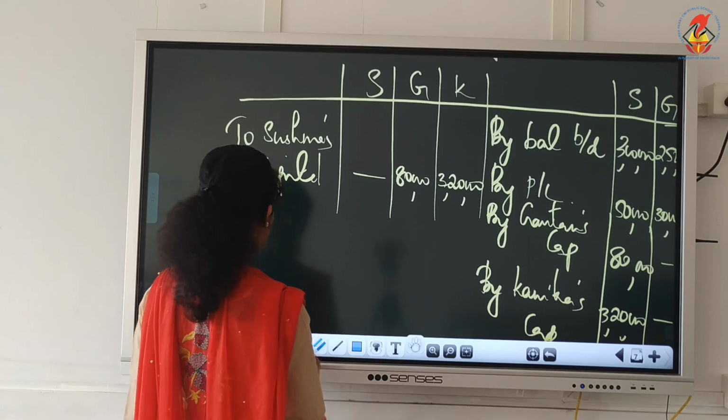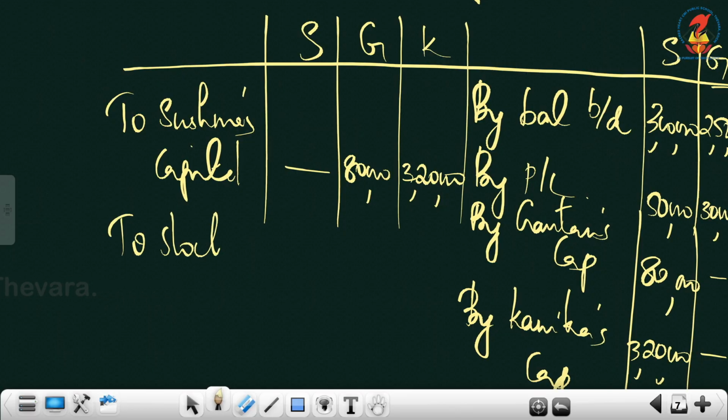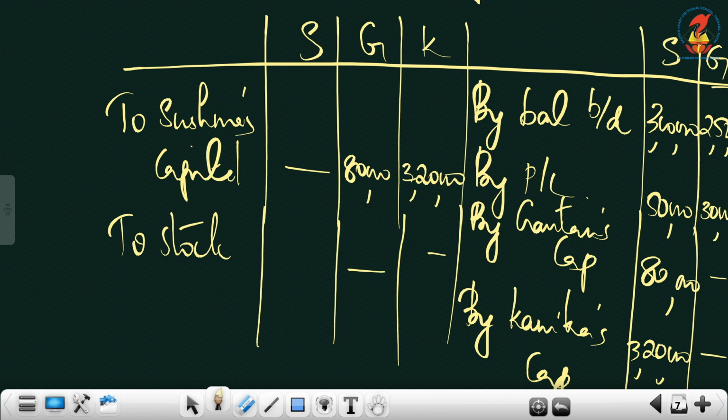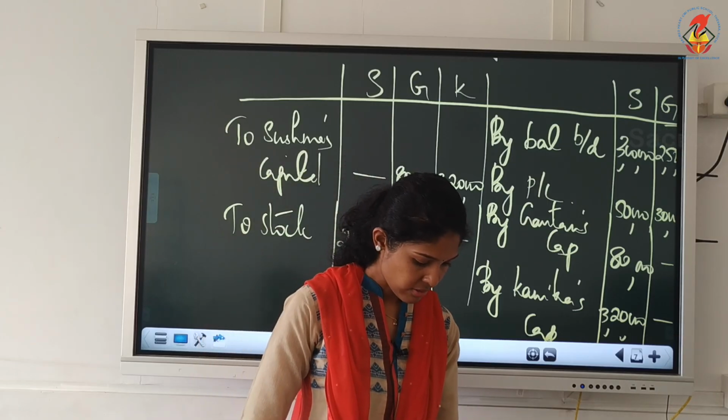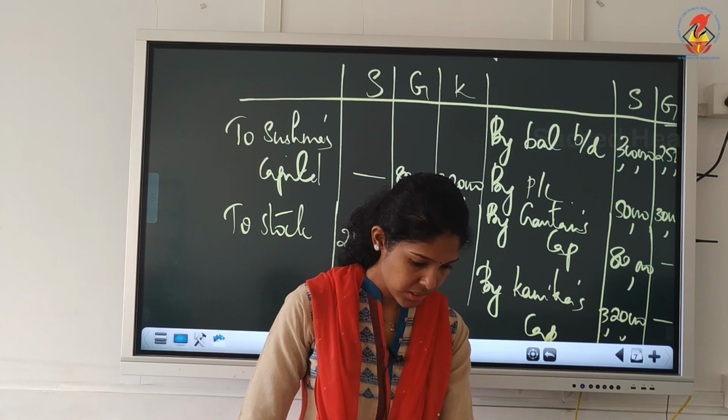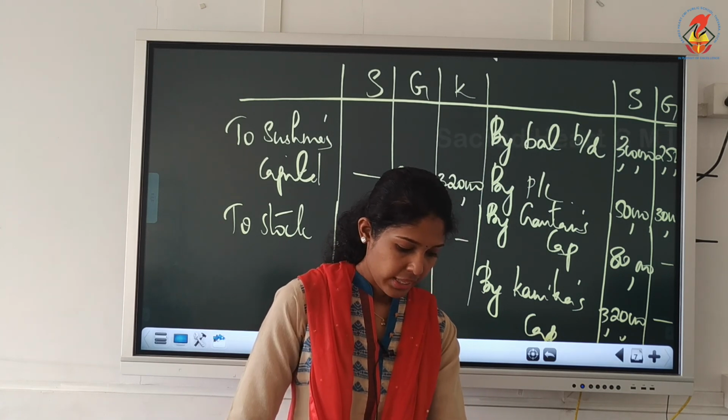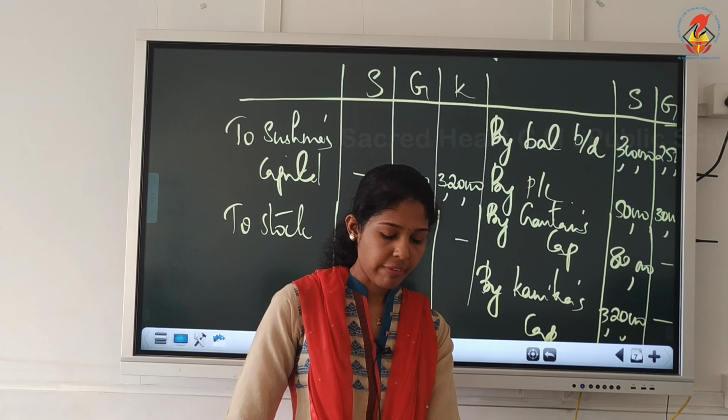So posting will be to stock, and Sushma is taking over at this value, so what is the value in the adjustment? 2,18,000. Okay, is there any other adjustment? Just go through adjustments once again, see whether we missed any adjustment. Okay, everything else we have recorded.